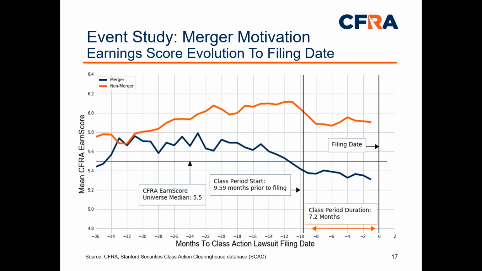We interpret merger-motivated lawsuits as often a claim that the company failed to disclose significant and material facts that would allow the shareholders to prudently vote in favor of the transaction, versus those where the company's core operations just failed to meet investor expectations. We find that non-merger lawsuits on average have higher CFRA earnings scores than their merger counterparts, albeit merger-related class action lawsuits are higher than the median CFRA earnings score.